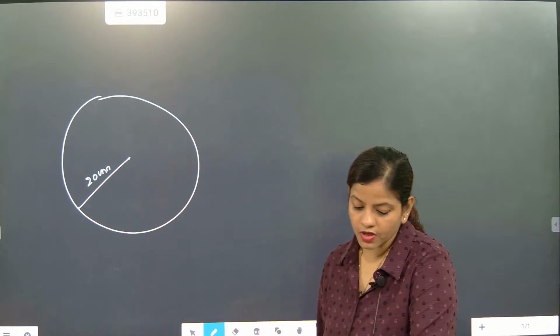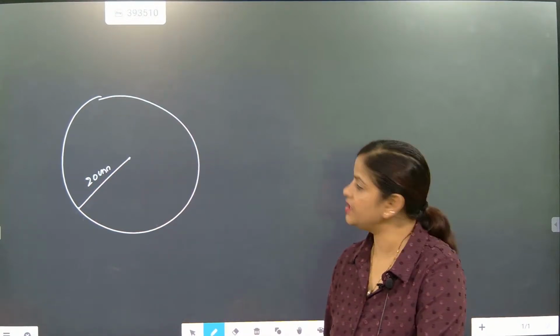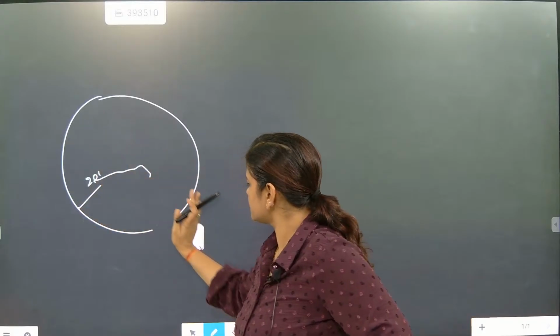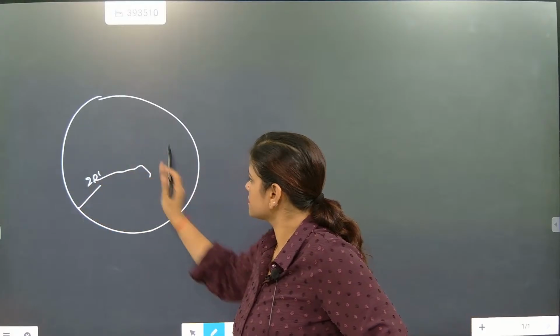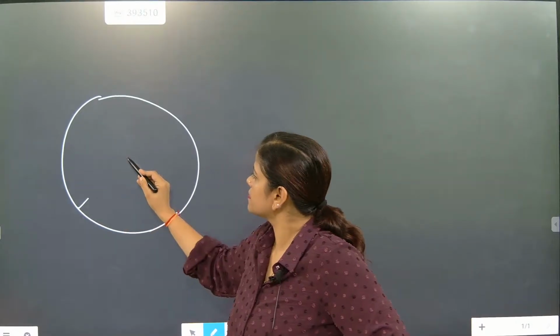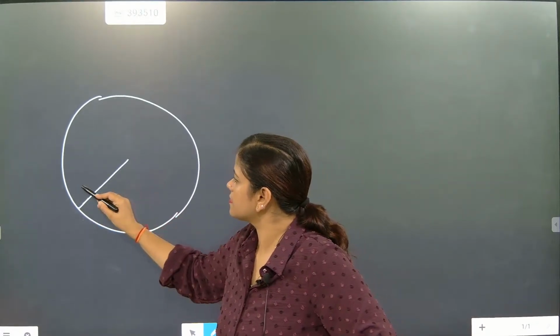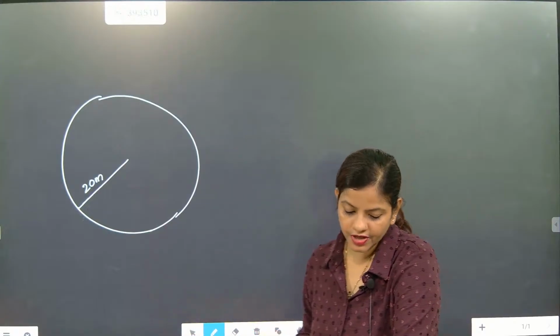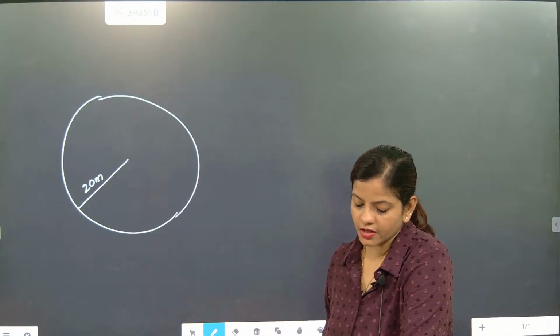So a circular park of radius 20 meter is situated in a colony.